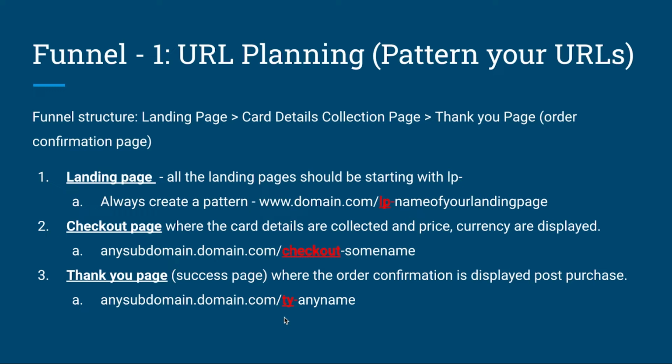When you set up like this, it is easier for you to set up the tracking once, and when you have similar pages, the remaining part only changes and you don't need to set up the tracking again and again. So once the event is set up, it will trigger even if the name changes here. So that is why URL planning is important.